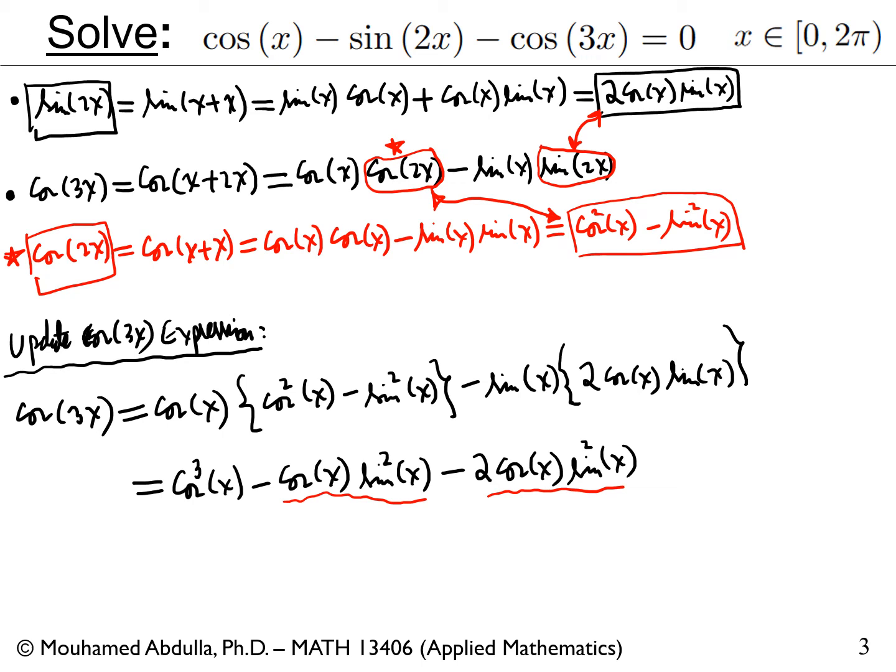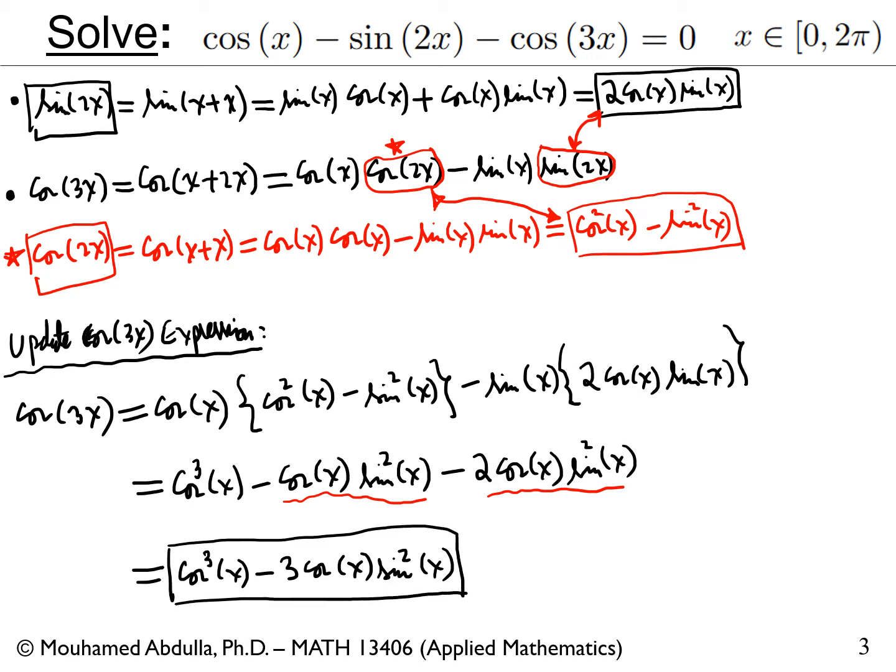They both have a cosine of x sine squared of x. So it would be cosine cubed of x minus 3 cosine of x sine squared of x. And this is what we were able to do for cosine of 3x.